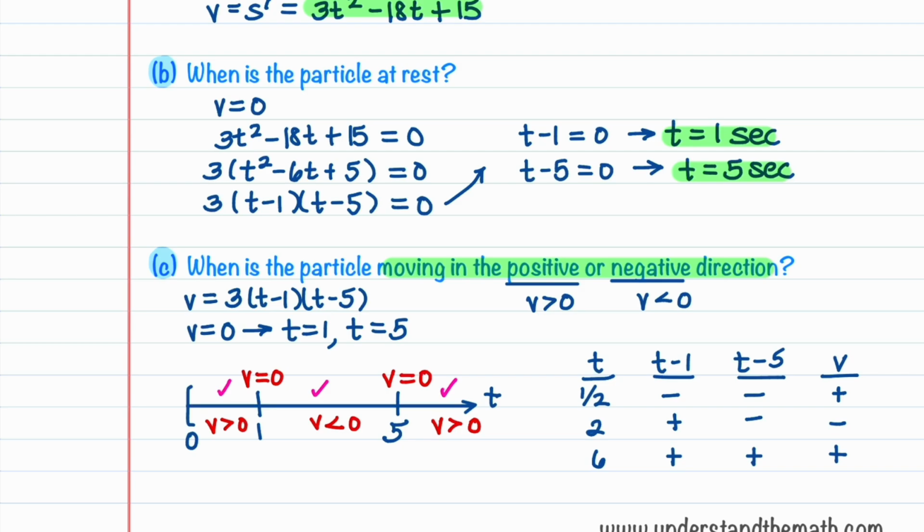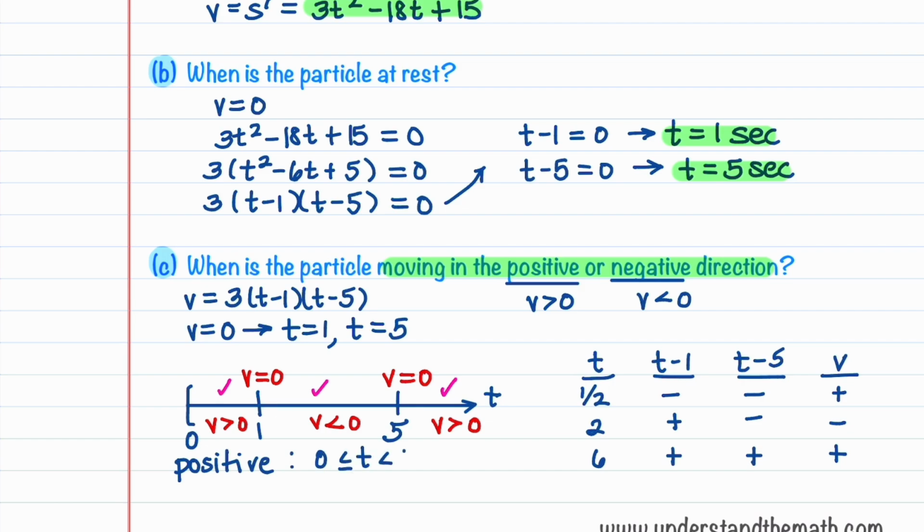We can conclude then that our particle is going to be moving in the positive direction when our velocity is greater than 0, and that happens in our first region when t is between 0 and 1, and then in our region on the right when t is greater than 5, and then our particle is going to be moving in the negative direction in our middle region, and that is when t is between 1 and 5. It's moving in the positive direction for these values of t and the negative direction for those values of t.